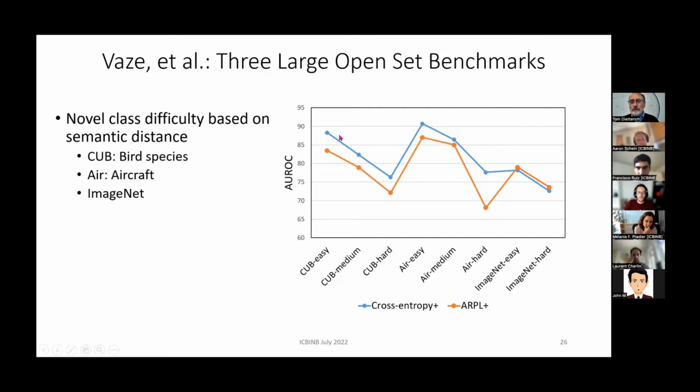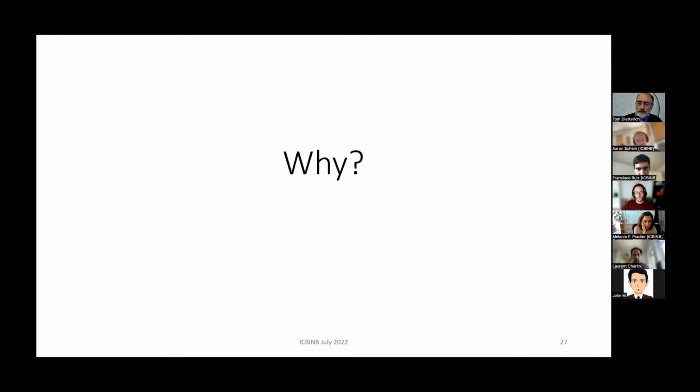Again, they were typically getting higher area under the ROC curve using cross-entropy plus than this adversarial reciprocal points technique, except on the ImageNet data where ARPL plus is doing well. So this is great. Why is the max logit score working so well? What's going on?